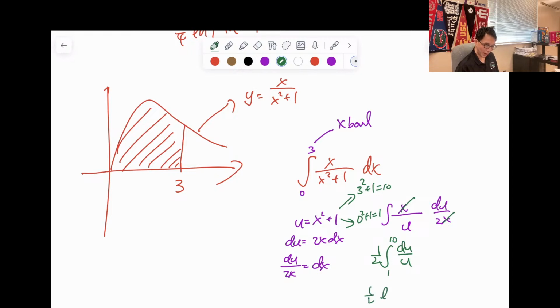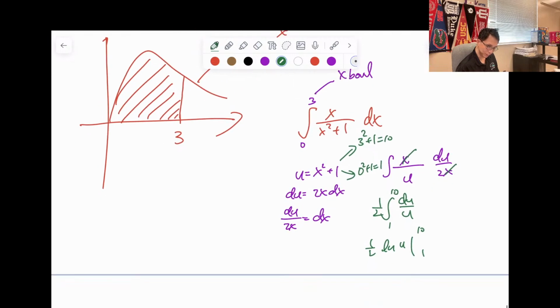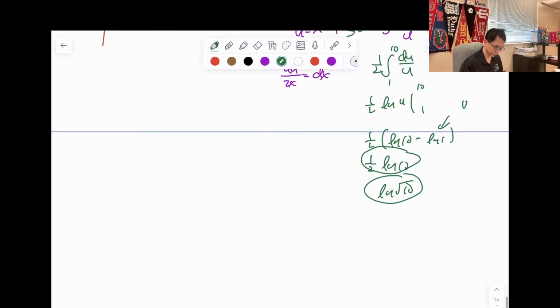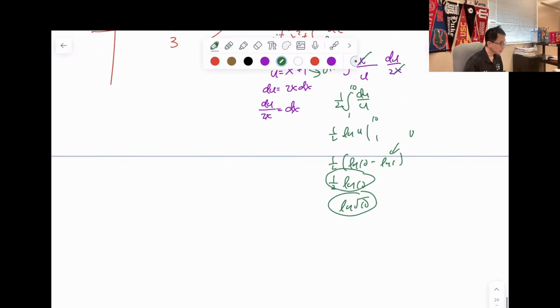And 1/2 ln of u between 1 and 10. 1/2 ln of 10 minus ln of 1. 1/2 ln of 10, because ln of 1 is what? ln square root of 10, both are right answers. I take both answers. Great answers. Got it? Faster, faster, faster.